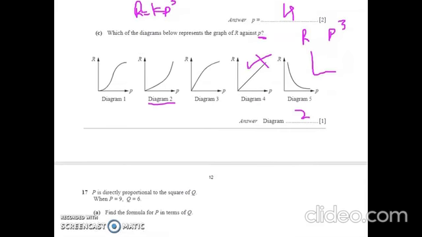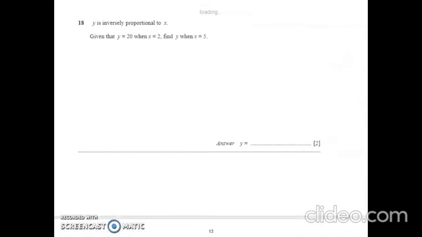Okay, moving towards the next question. Question number 19. The cost of the mirror is directly proportional to the square of its width. So let's say cost is directly proportional to the square of width. Width is 40 centimeter and at that time it costs $24.